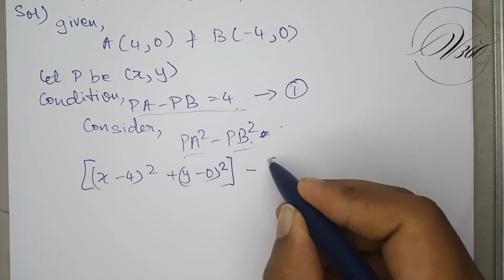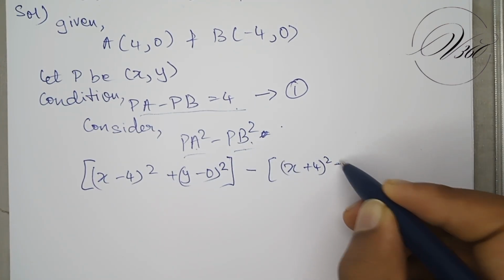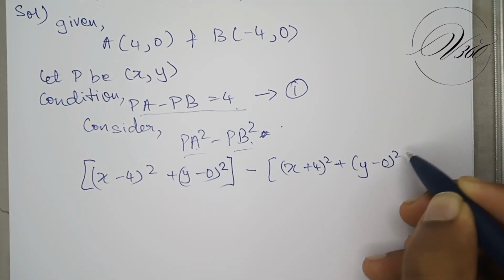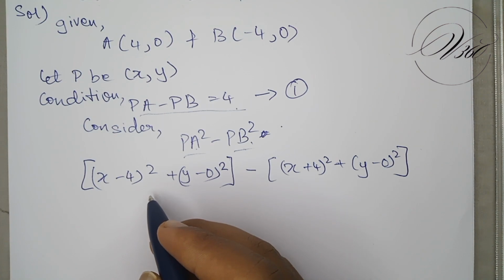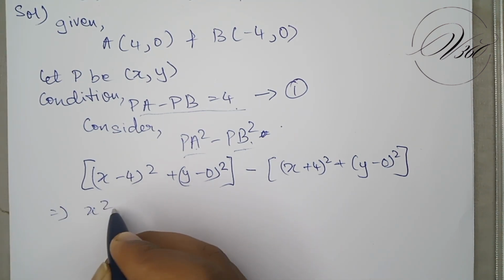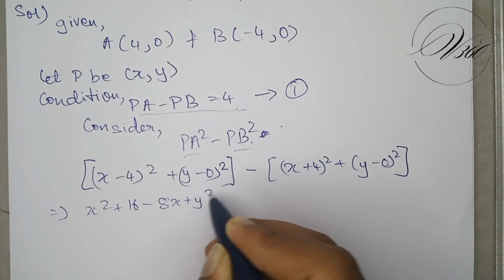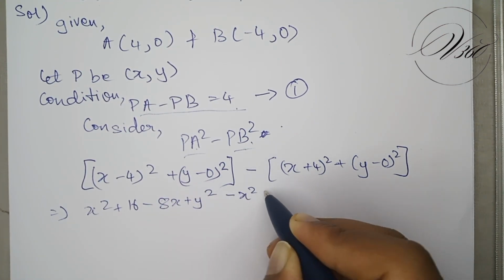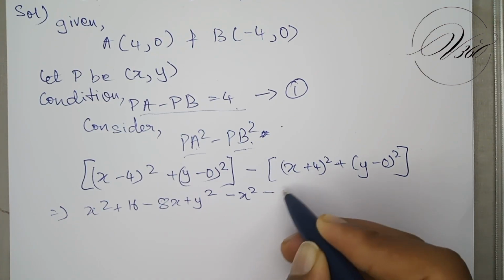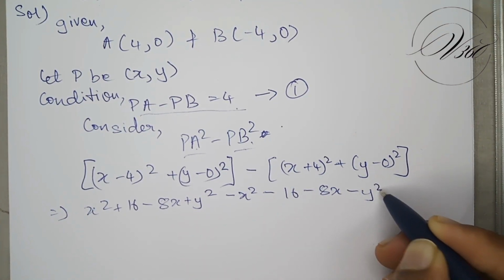Now we will minus x plus 4 whole square plus y minus 0 whole square. Alright, now here we will get x square plus 16 minus 8x plus y square minus x square, minus 16 minus 8x minus y square.